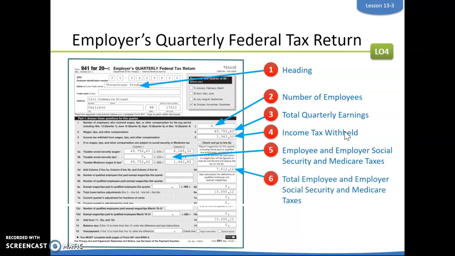Total employee and employer Social Security and Medicare taxes. So totaling those there. And then the total taxes, so adding our income tax withheld to our total employee and employer Social Security and Medicare taxes to get our total taxes. And this is Form 941. So that's when we want to know 941.